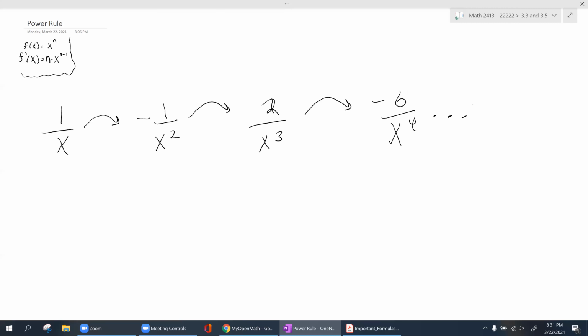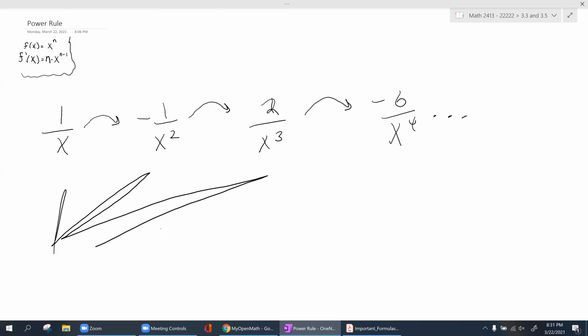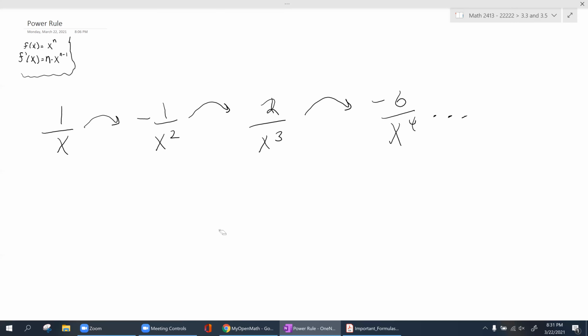There's a pattern here, and as an assignment, I'm going to let you do each one of these manually, but this is something you probably want to memorize because you're going to be doing it so much. One observation you'll make is whenever you're dealing with 1 over x, and you go to the derivative, it changes sign, and then it changes again, and then again. So that sign is going to oscillate. Remember that.